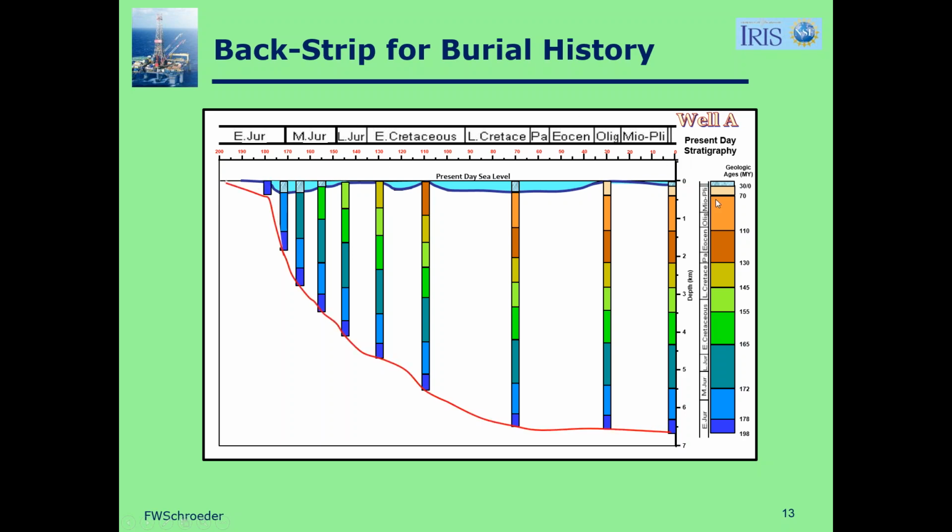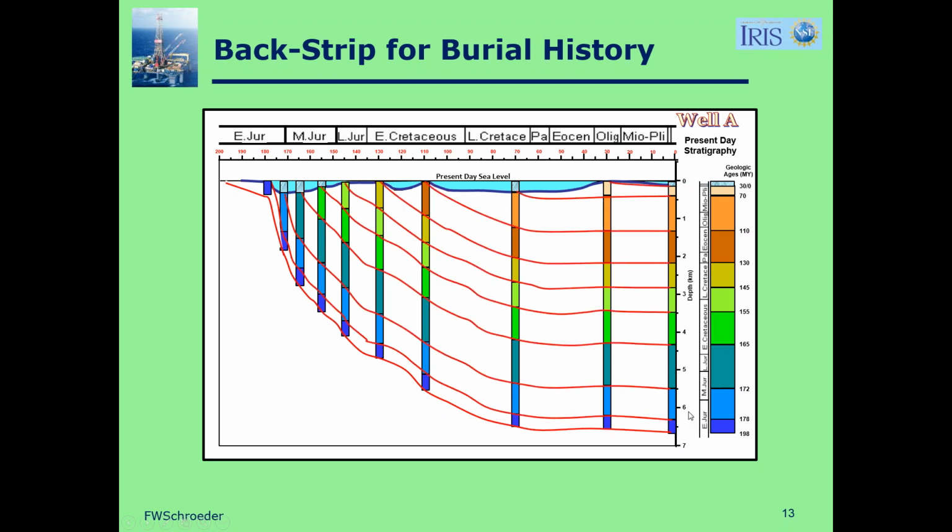And so now I can look at total subsidence from the oldest rocks that I'm interested in, or maybe the deepest rocks that the well penetrated. And I can see how over time it has followed this particular path to get from near sea level down to looks like 6,700 meters. And then I can look at, for each of the individual formations or units or sequences, how that burial has occurred.